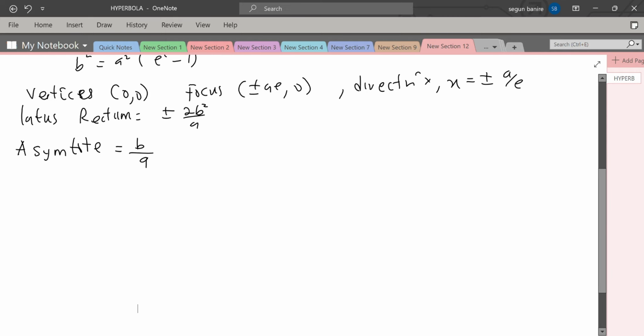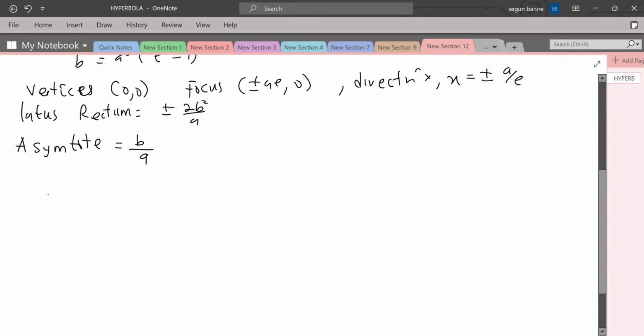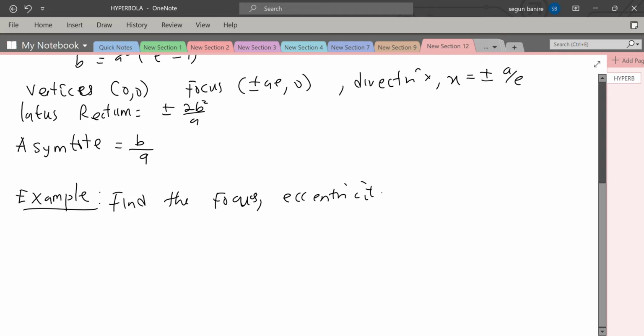So let's solve an example where we look for all these guys. So example, find the focus, eccentricity, asymptote, and the latus rectum.